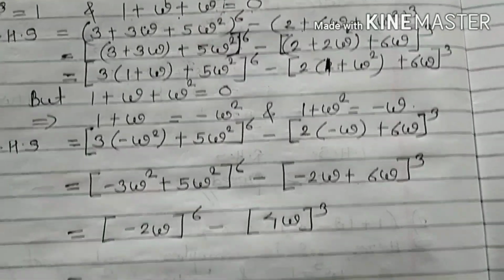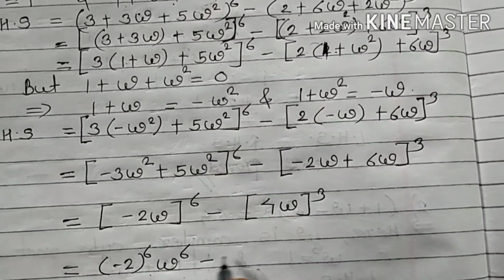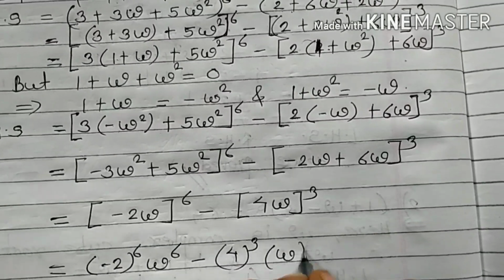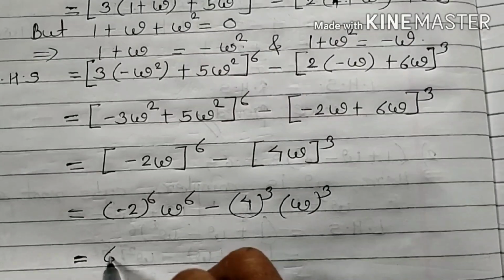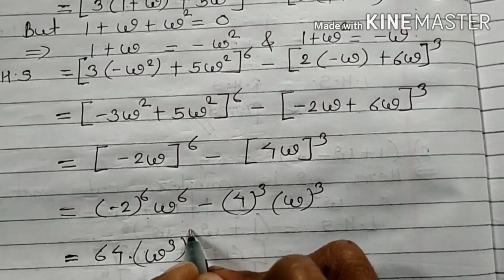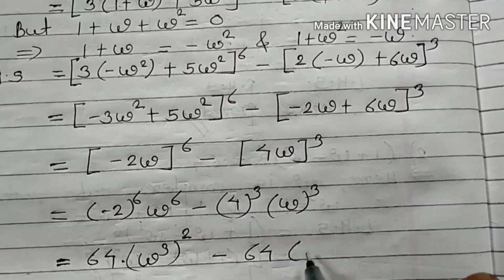So you can split 2 raised to 6 omega raised to 12 minus 4 cube omega cube. Now 2 raised to 6 is 64 and omega is split like that, (omega cube) raised to 4 minus 64, and omega cube is 1.